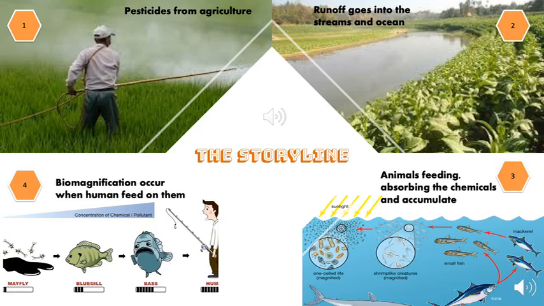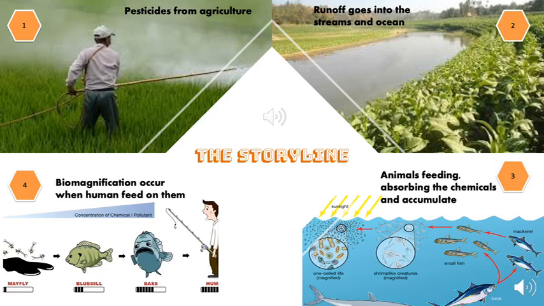The runoff will go into streams and the ocean, and after some time the pesticide will either settle down onto the sediment or be ingested by bottom dwellers or plankton on the sea surface.